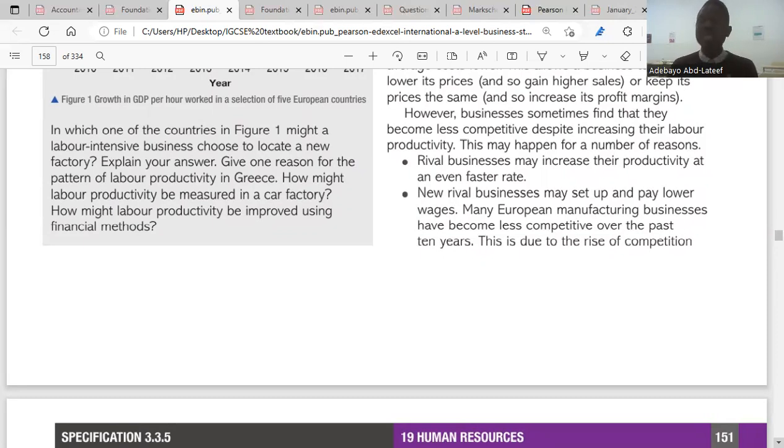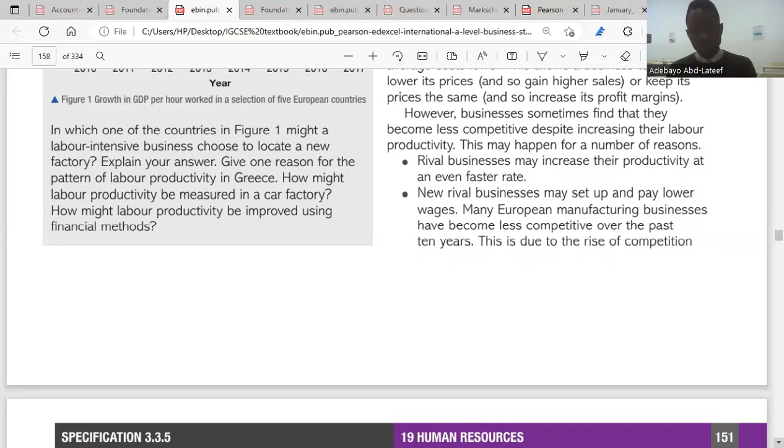The same way, your competitors have increased their own productivity, and they have even done it faster than what you think. So you have increased your productivity, let's say by 20%, and your competitors have increased their productivity by around 45%. So then you'll be like, why am I not still being competitive? You are not competitive because the rate at which your competitors have increased their productivity is far ahead of the way you have increased your productivity.